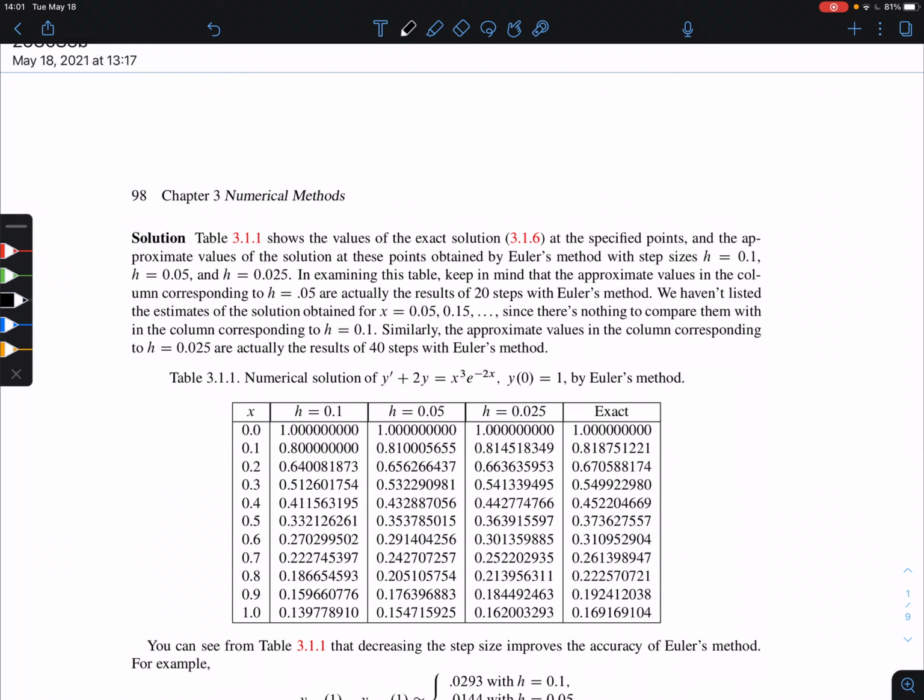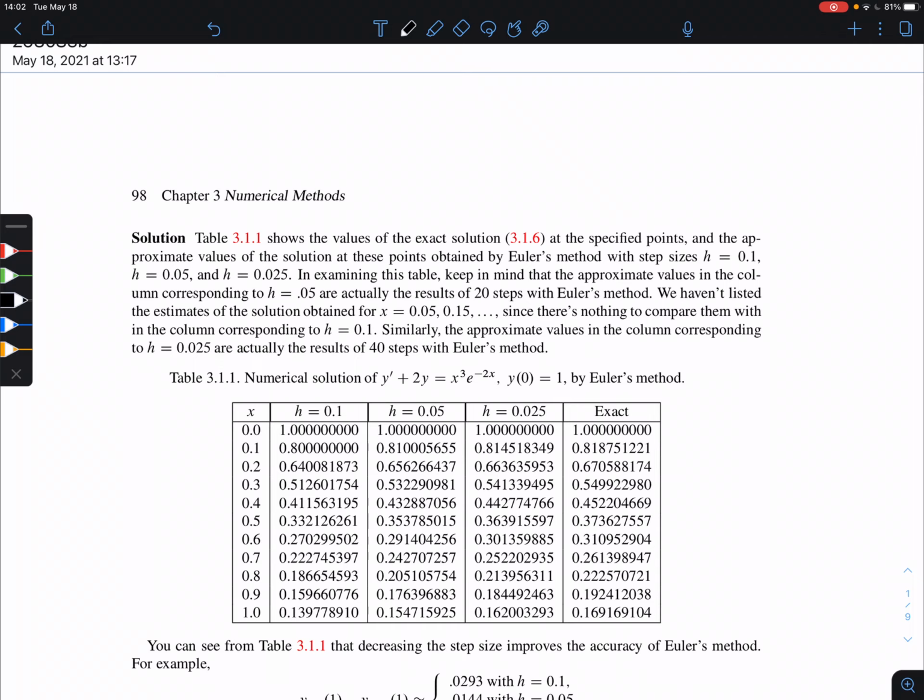Now that we are this far, let's look a little bit more at what is in the table. So if we do these 10 steps, let's keep looking at the column that has the label 0.1. That was where we're working, right? So we had calculated the first 3 values, 1, 0.8, and 0.64. Remember, this table lists the y values.